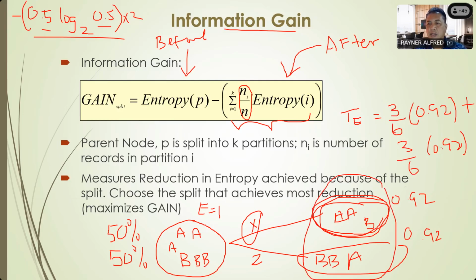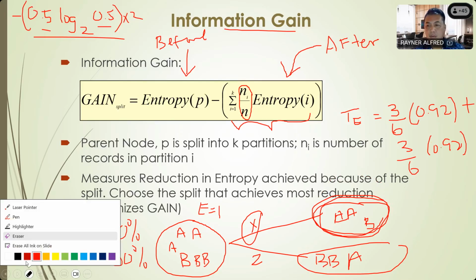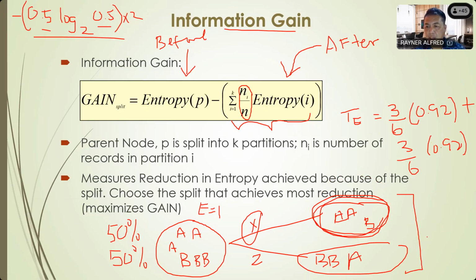Okay, so what do you get for this? What is the entropy for this? Okay, so the entropy is 0.92.